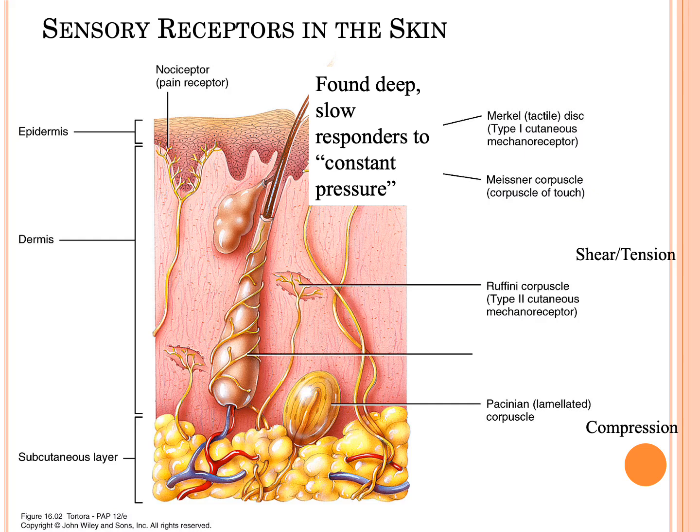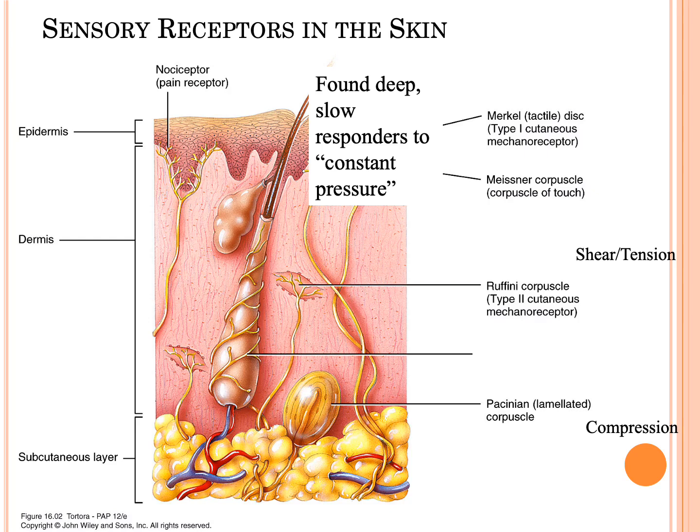These include the Ruffini corpuscles, referred to as the type 2 cutaneous mechanoreceptors. These respond to that same shear force that we saw with the Merkel discs. However, these respond when there's a lot more force coming across. So let's say we're trying to slide into a base playing baseball or softball. That feeling of the tension coming across the skin as we initiate the slide is coming from the Ruffini corpuscles more than the Merkel corpuscles, or Merkel discs.